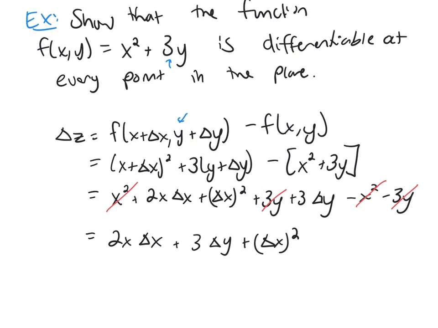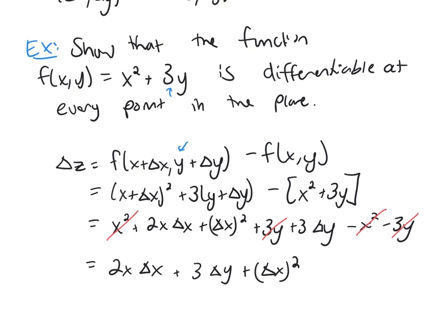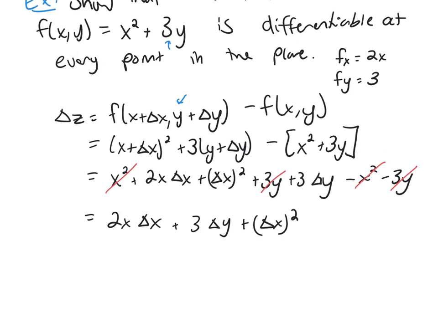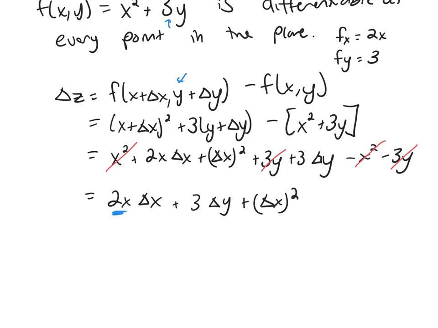So I'm going to go back up to my function, and I need to look at my function and find the partial derivative. So what would the partial derivative with respect to x be? It would be 2x, and the partial derivative with respect to y would be 3. So here, 2x, that's my partial derivative with respect to x.